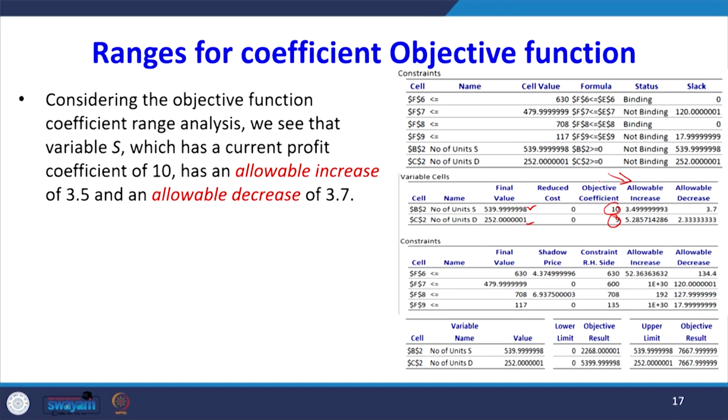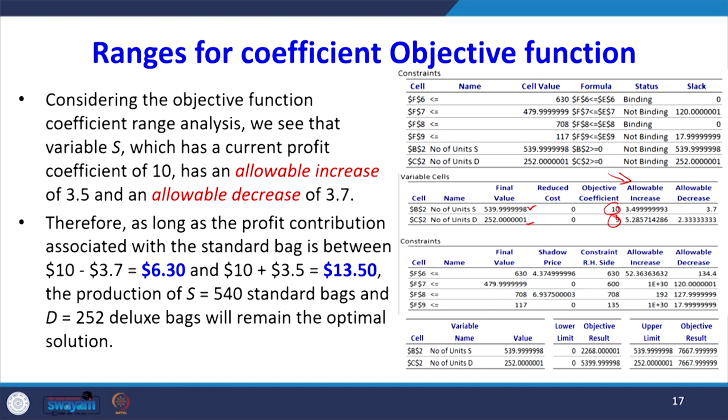The variable S has a current profit coefficient of 10, an allowable increase of 3.5 and an allowable decrease of 3.7. Therefore, as long as the profit contribution associated with the standard bag is between $6.30 (the allowable decrease is 3.7) and $13.50 (the allowable increase is 3.5).